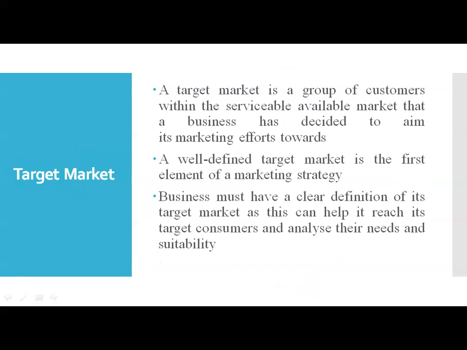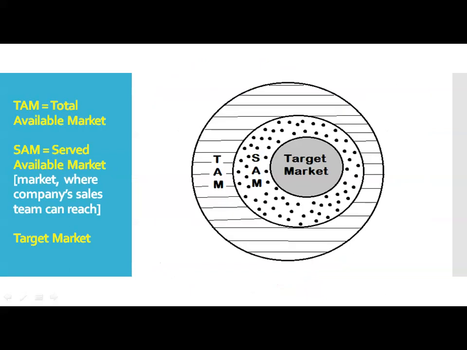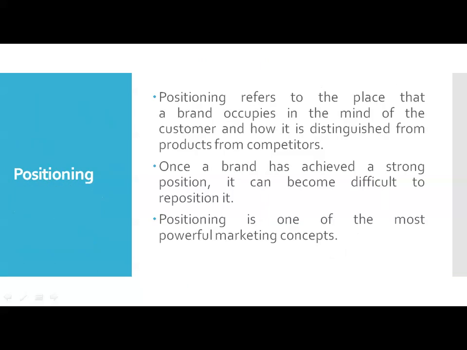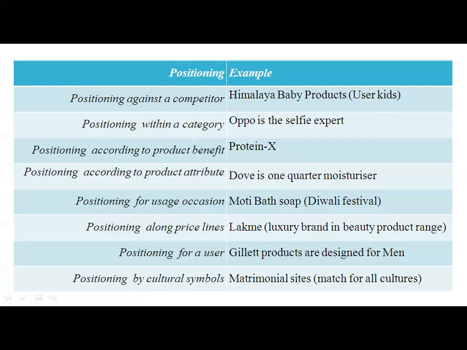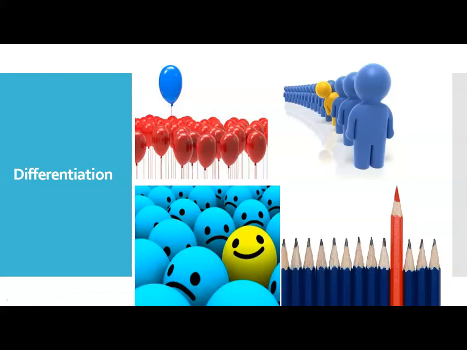Then, what do you understand by target market? Then, target market, served available market, and total available market. So, what is target market in total available market? Then, we will see what is positioning, market positioning in consumers' minds. Then, we will see examples of positioning. Then, we will see differentiation.